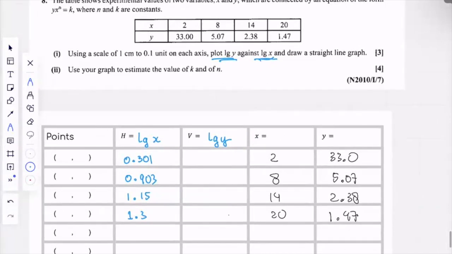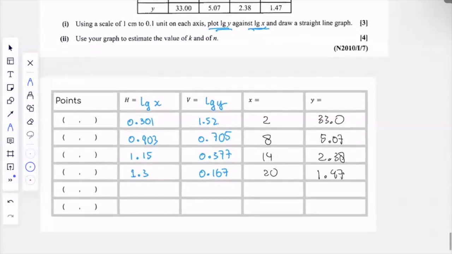Then next one, we calculate log y. Log 33 is 1.52. Log 5.07 is 0.705. Log 2.38 is equal to 0.377. Log 1.47 is 0.167.